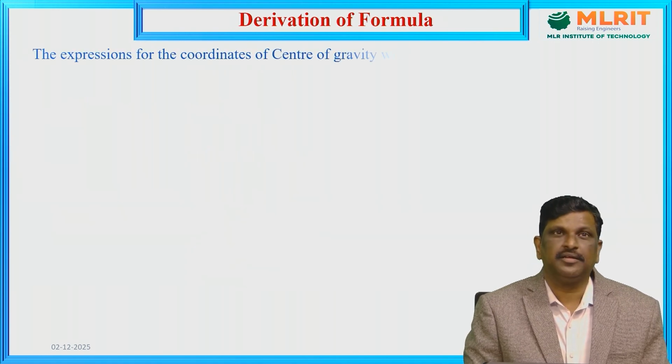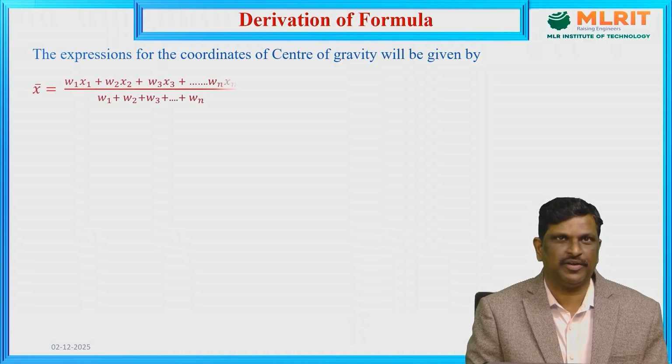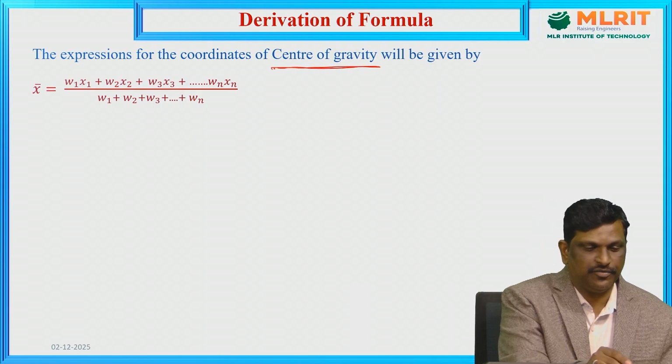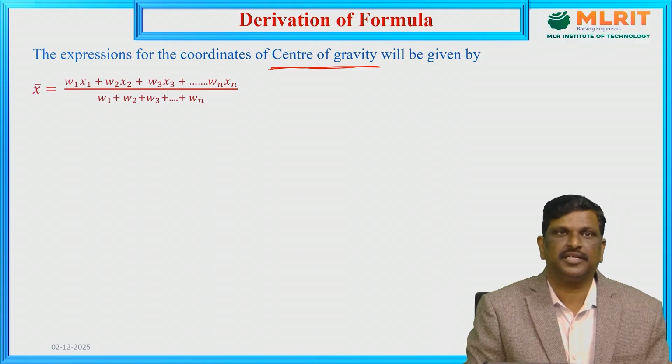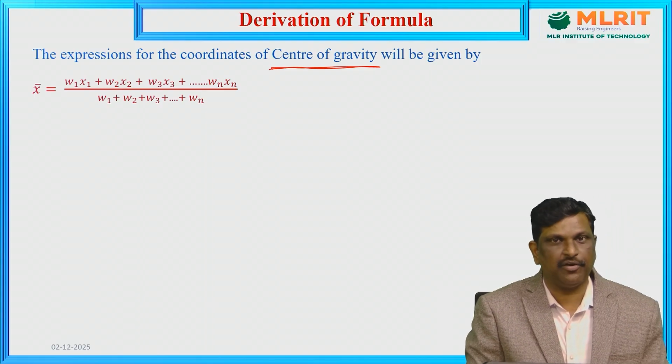Now the expression for the coordinates of center of gravity will be given by x bar is equal to w1 x1 plus w2 x2 plus w3 x3 and so on divided by total weight w. Now by using this expression of center of gravity, we are going to find the expression or formula for finding the centroid of areas.